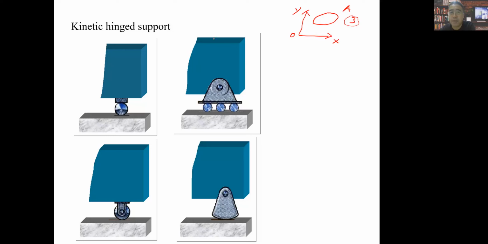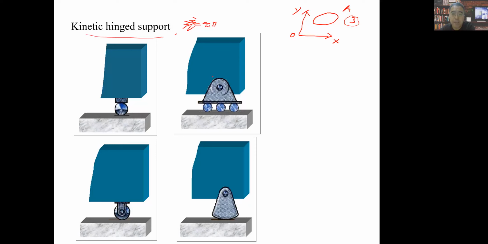There are three capable of movement, but some of the constraints will prevent some of the capable of movement from happening. So today we'll continue to talk about the kinetic hinge support. Actually, in Chinese, we like to call them 滚动支撑. So you can find from the pictures, 1, 2, 3, there are one or more wheels.